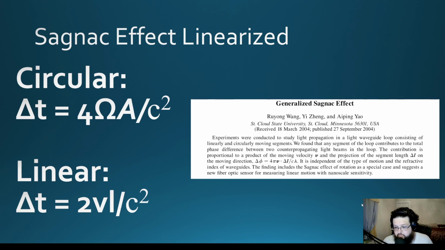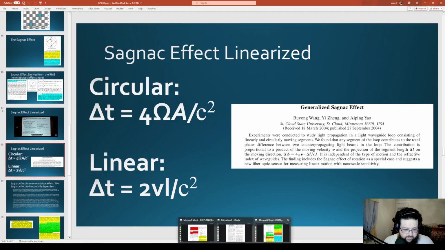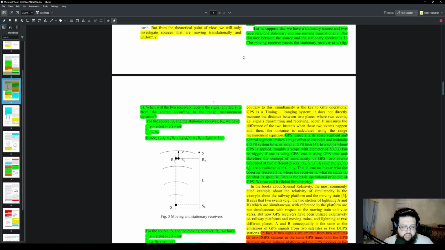So what I'm going to pull up now, if I can figure out how to close presentation mode here, is this from the GPS paper. So this is in reference to the example Wang gives of the stationary receiver R1 and the moving receiver R2, and these two gentlemen are going to get a GPS signal from a stationary or moving receiver, doesn't matter.